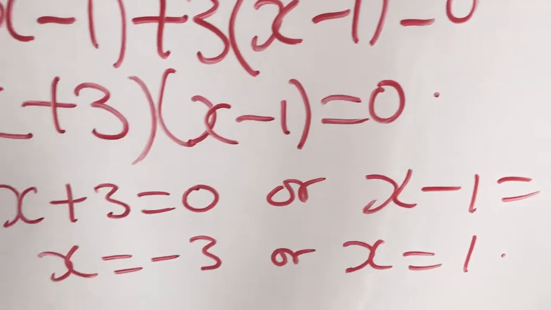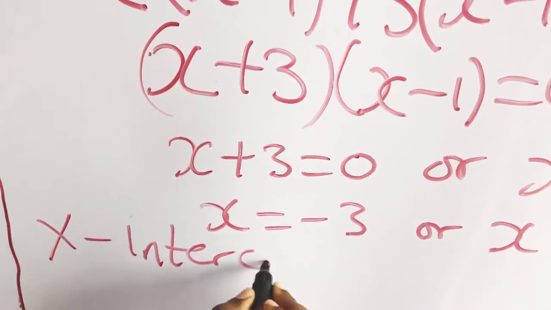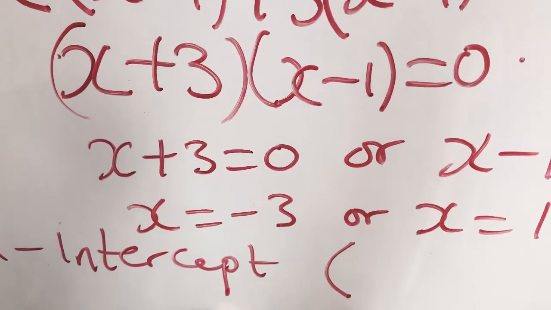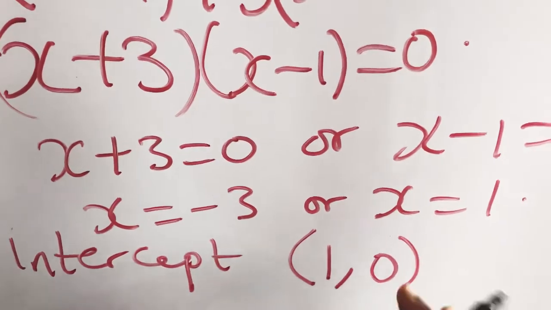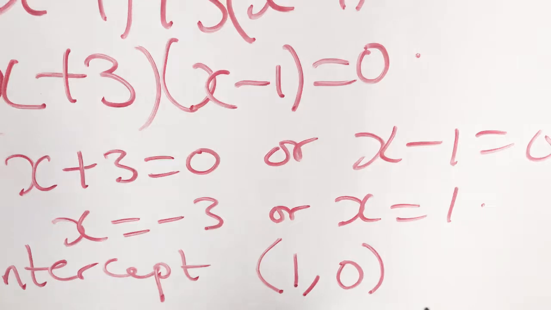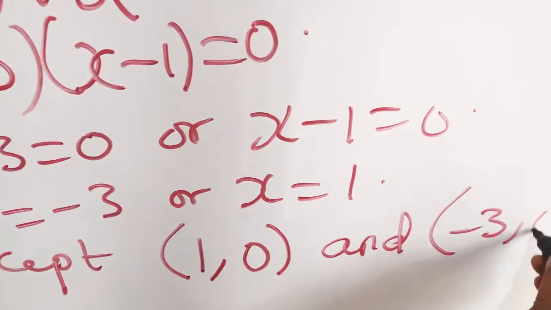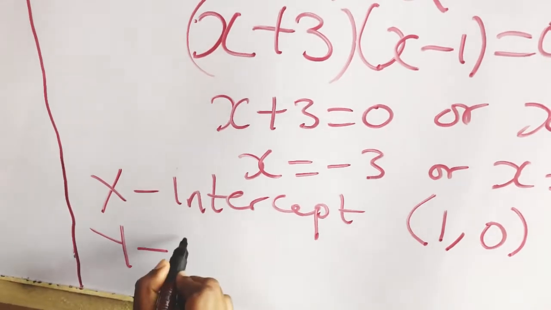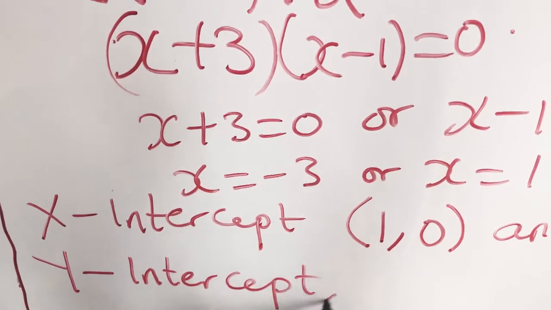So the x-intercepts will be, I told you that we are going to have two solutions, 1, 0 (we said that you have to put y equal to 0) and minus 3, 0.